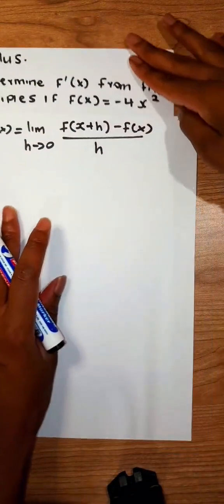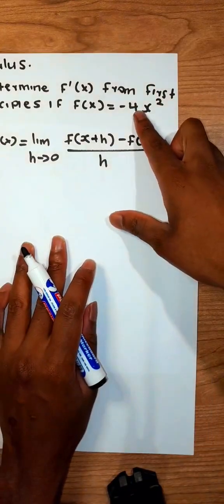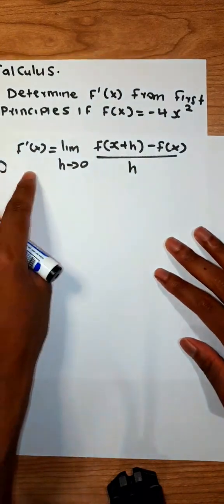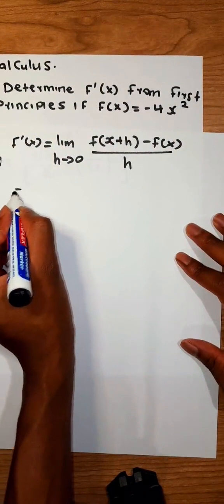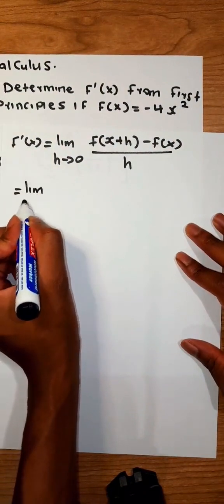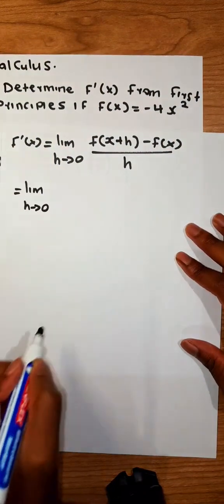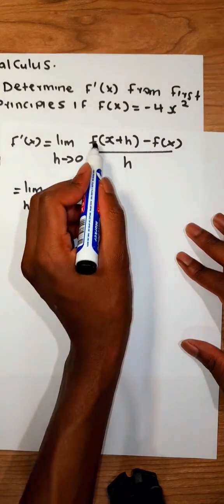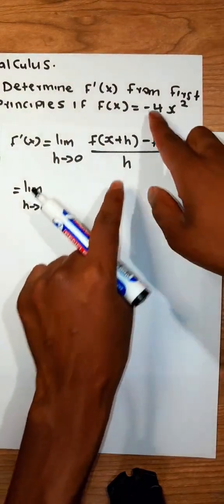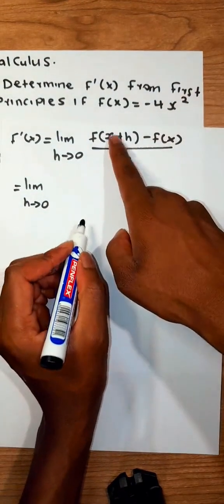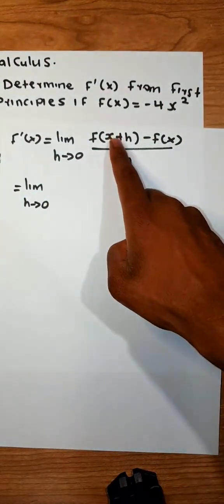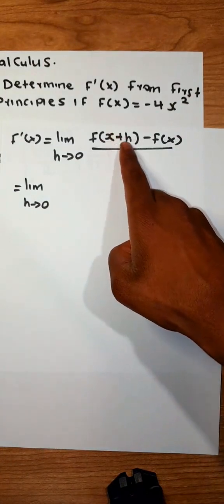Now, what is our f of x? It is minus 4x squared. So I'm going to say the limit as h approaches 0. My f of x is minus 4x squared, so whenever there is x, we substitute x plus h.